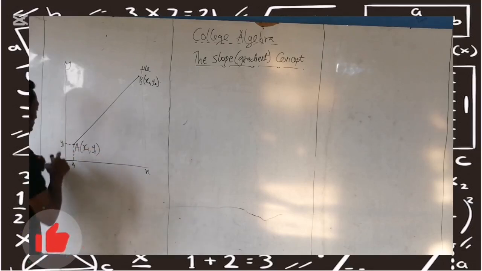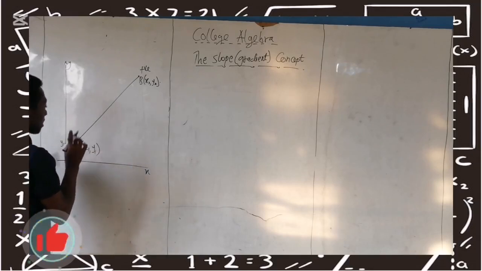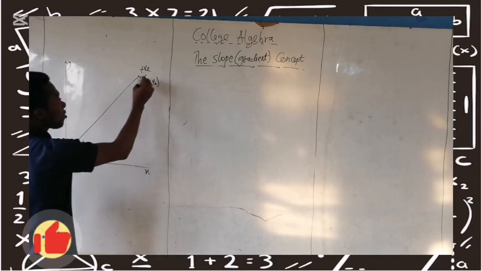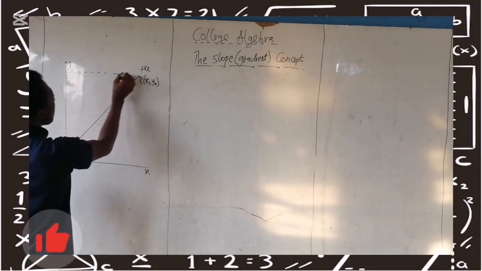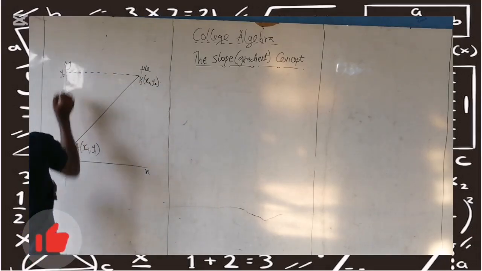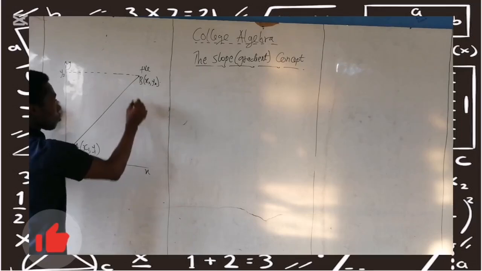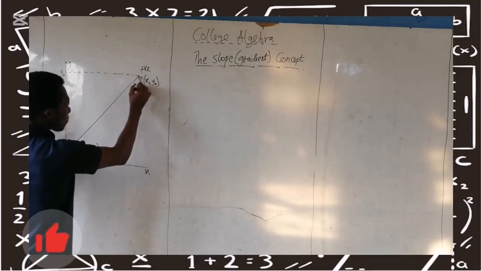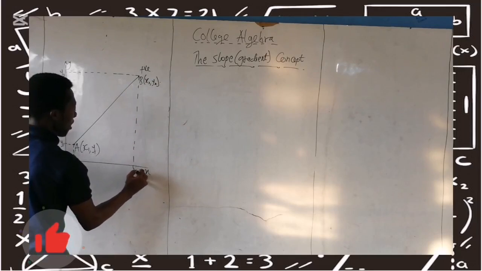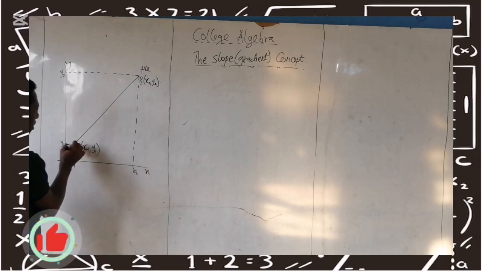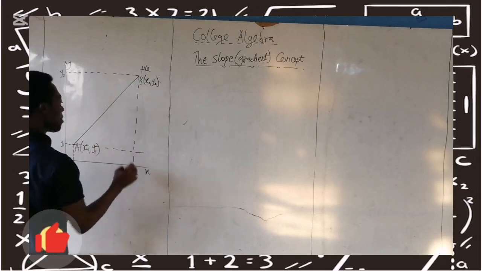Here too, we can trace our y2 from here, and we can also trace our x2 from here. So we can also create a line coming up to make this.